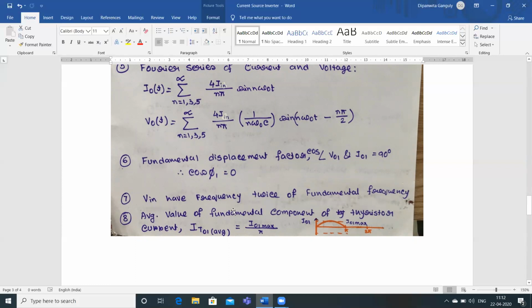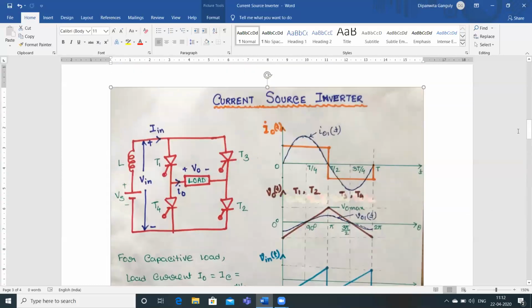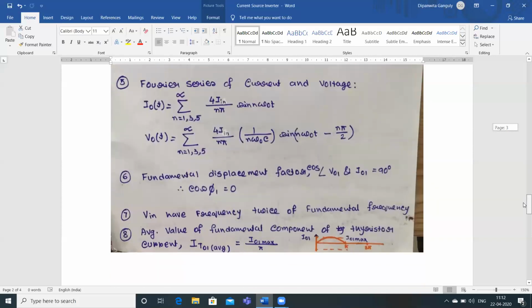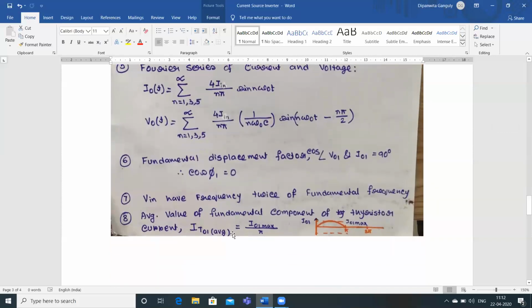Now the average value of the fundamental component of thyristor current. The fundamental component of output current we have seen is a sinusoidal waveform. If we take the average of this waveform, then we will get I01 max by pi, where I01 max is the maximum amplitude achieved by the fundamental component of current.